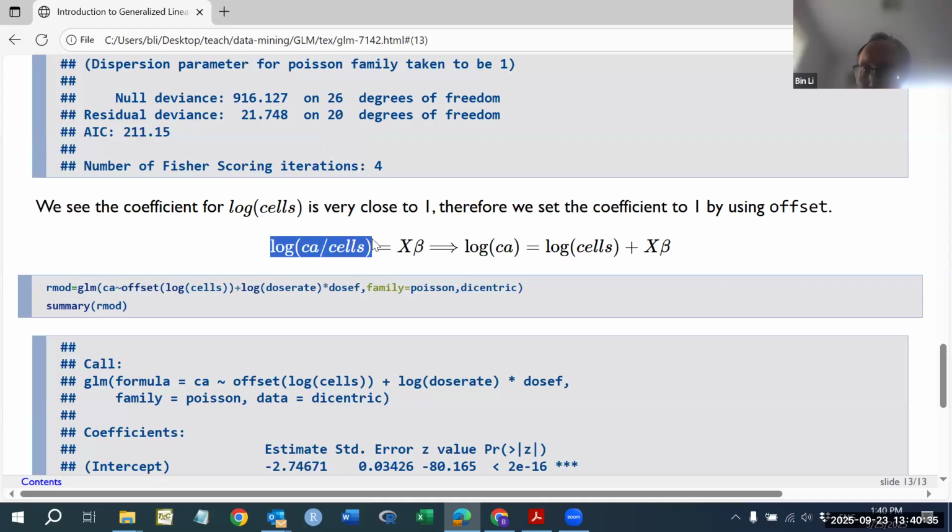So the offset of log cell means that we are actually fitting the left-hand side using the X beta as the linear model. So this is the response and this is the linear part. Okay, so this is called offset.